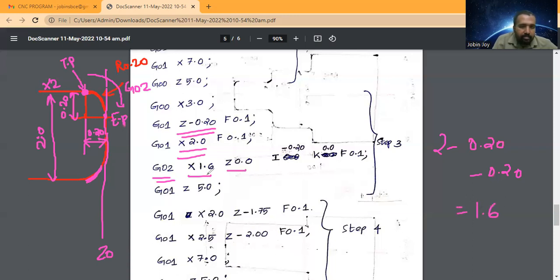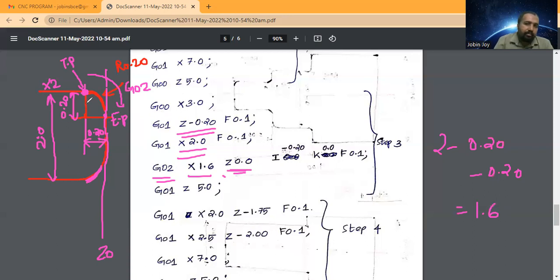So I will enter the X value as 1.6. Now the tool's position is X2, so the tool will move to X 1.6. And what about the Z value? Z will go to this end. That means Z is equal to 0.0.